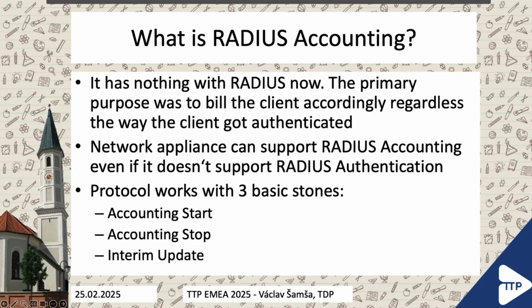So that's why there is also a so-called interim update. That works in that way that the client by default every 10 minutes says, I'm still here. You can continue counting or accounting. So if the accounting server, again, not the radius server, not the NAS server, but the accounting server gets no interim update, it says, okay, stop. So what can happen, of course, is that you lost the connection within 0 to 10 minutes until the next interim update, and they count you a little bit more, but that's okay.